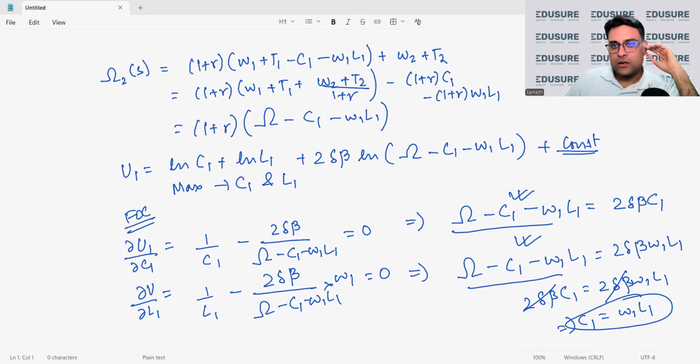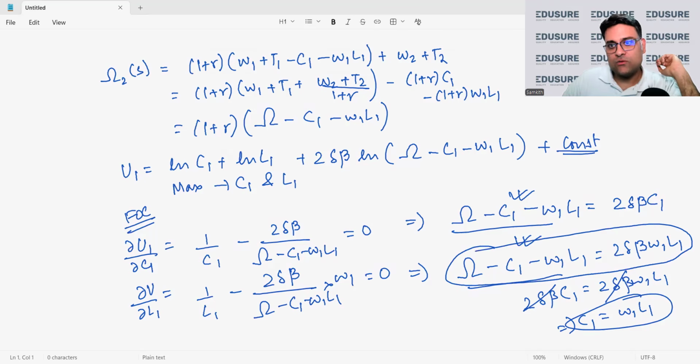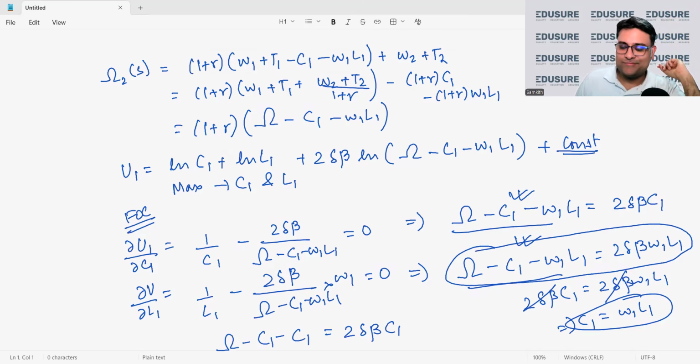Okay. Now substitute it back in one of the equations. If I substitute W1 L1 equal to C1 here, I can easily get omega minus C1 is equal to 2 delta beta C1.